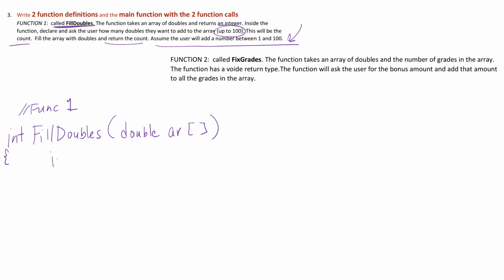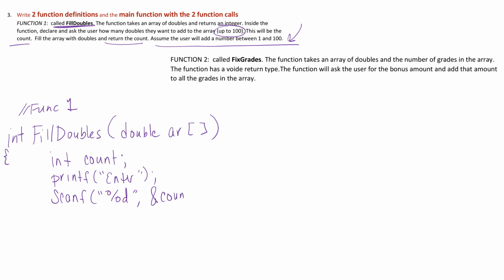So we're going to declare our count. We're going to ask for the count. We're going to scan in the count. Okay, so now we have the count. And then we're going to fill the array with doubles one by one. So I'm going to add an integer i up here for my for loop.